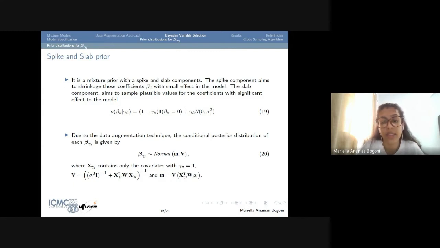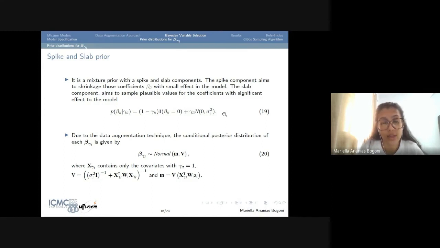So equation 19 represents the spike and slab prior distribution for the regression coefficients beta it, where the spike component is represented by a point mass at 0, and the slab component is represented by a normal distribution with large variance.